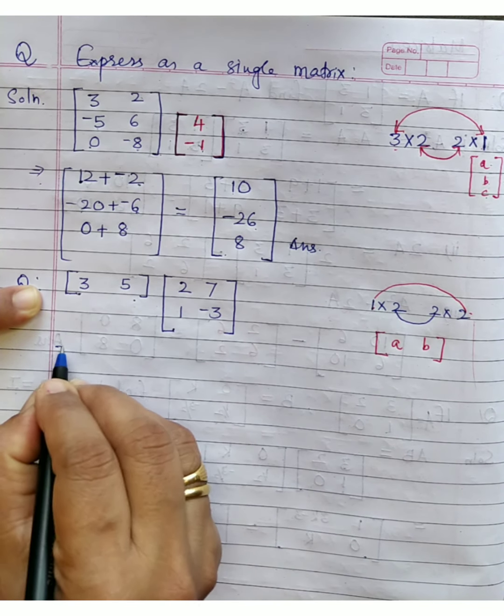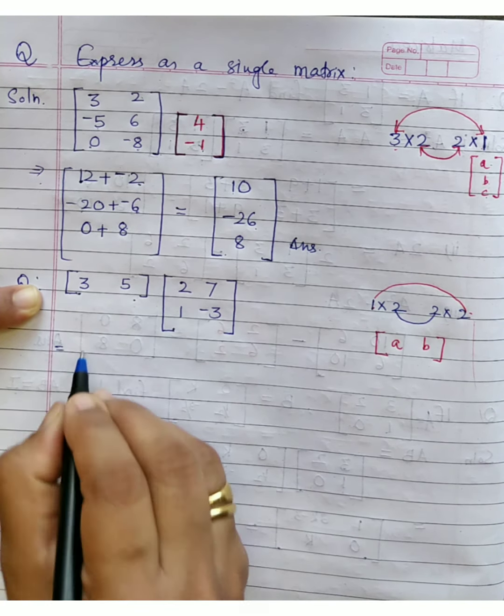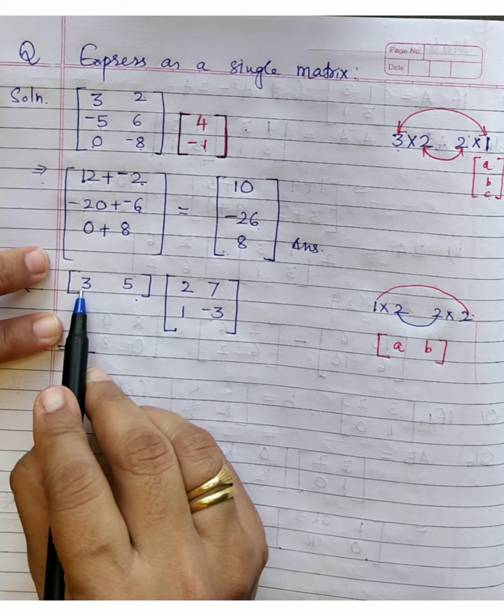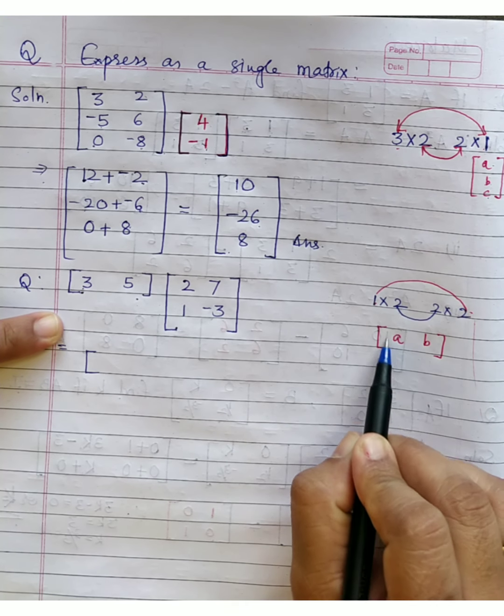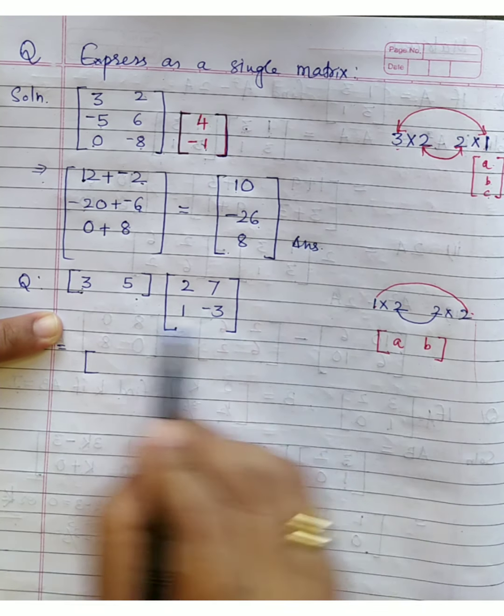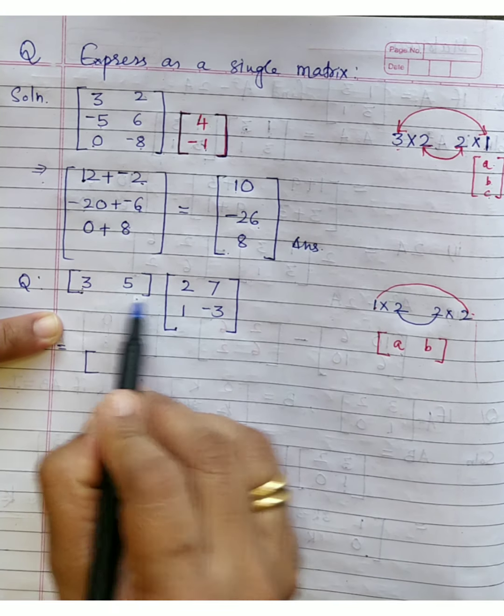Now let's start with this. Once this is fixed, the chances of making a mistake are less. So where's the position? First row, first column. 3 2s are 6 plus 5 1s are 5.